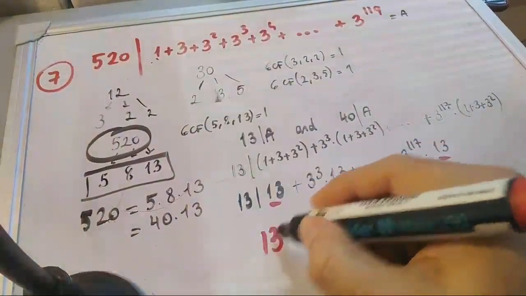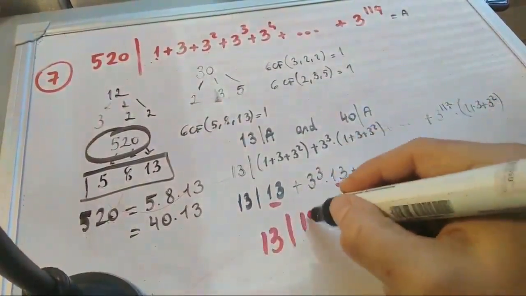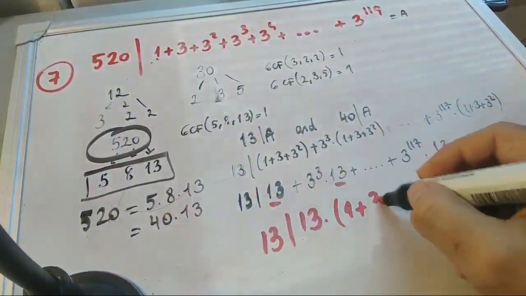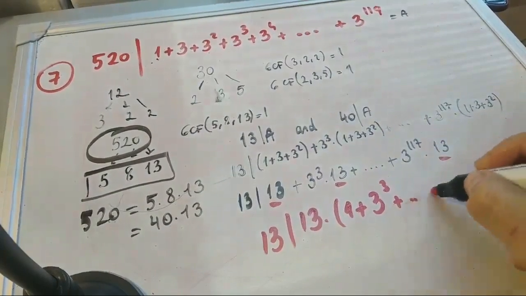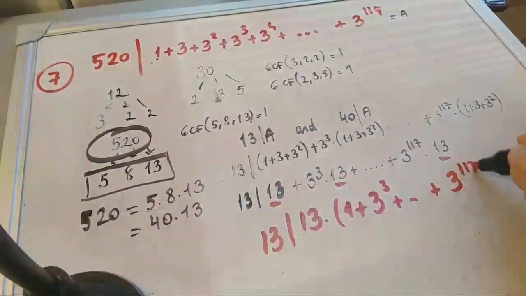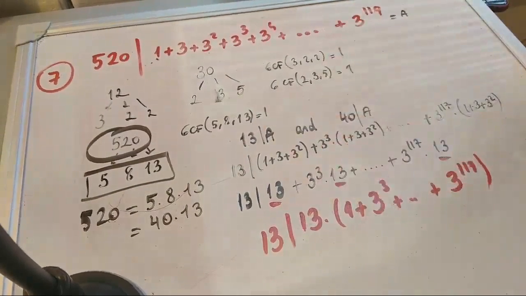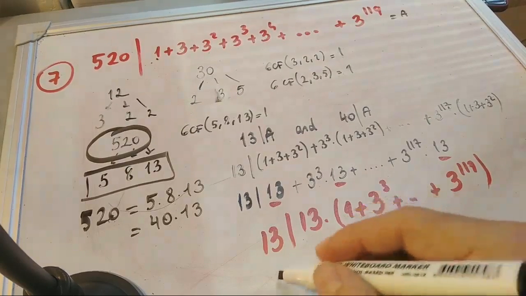So 13 divides 13 times 1 plus 3 cubed plus till 3 to the power of 117. By the way, the number a is divisible by 13. I want you to solve divisibility by 40. You can prove it at home, okay?